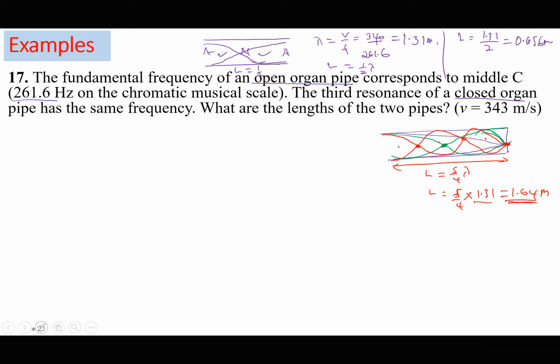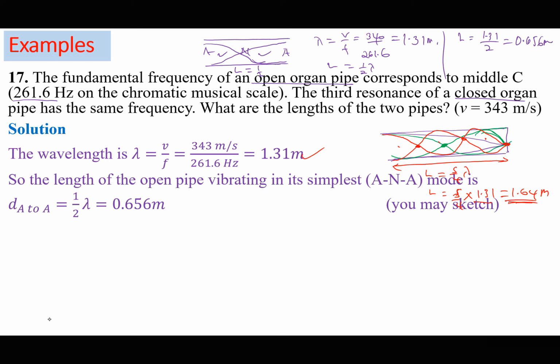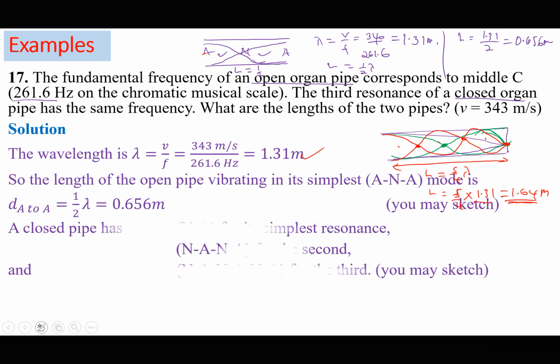Okay, so I think I solved this in detail. We got the wavelength, and I explained that the open pipe vibrating in its simplest mode is antinode, node, antinode. That is what I sketched here. Then for the closed pipe, we have node to antinode for the first mode of vibration, node, antinode for the second mode, which I sketched in green.